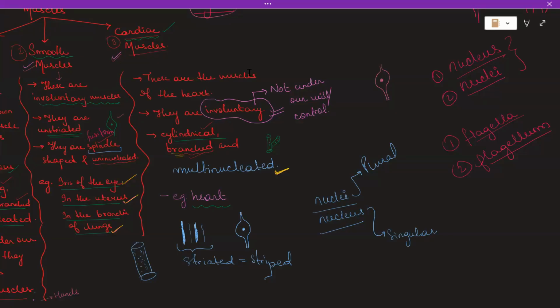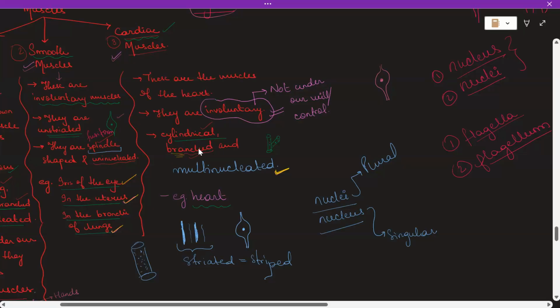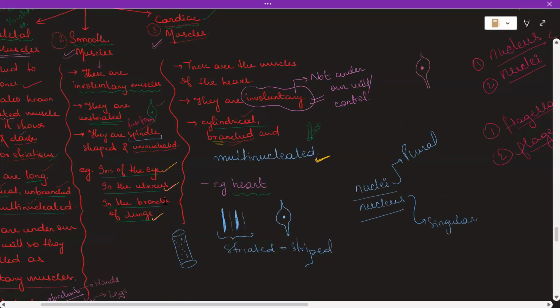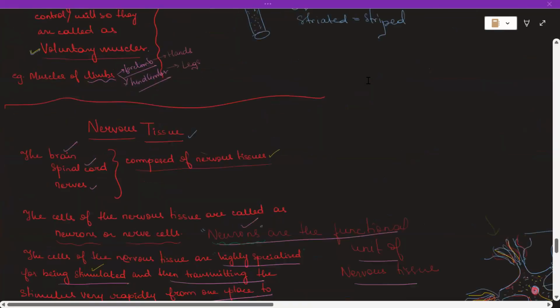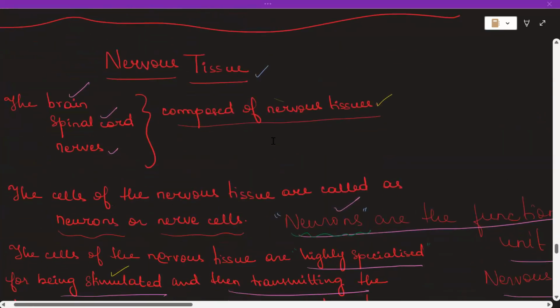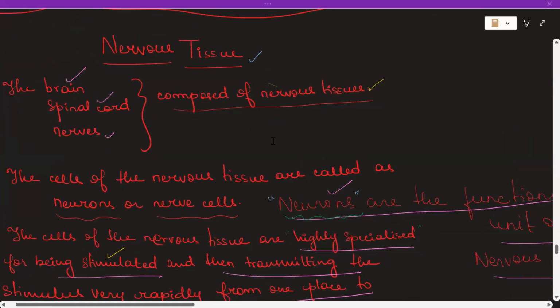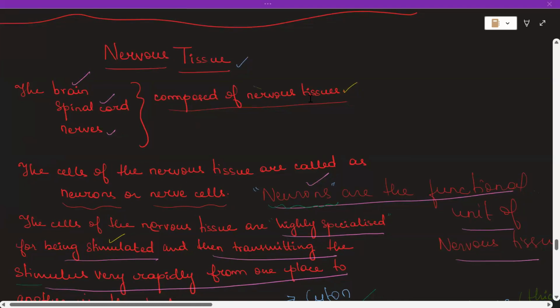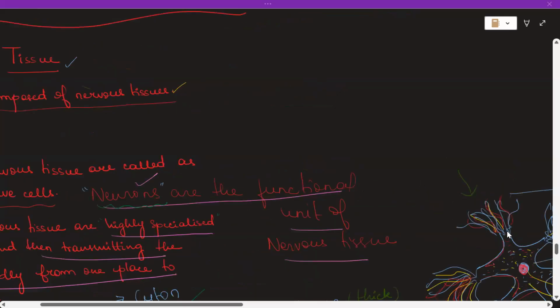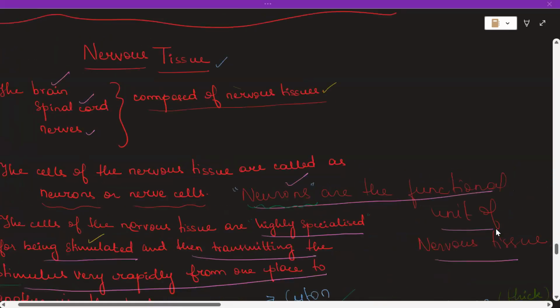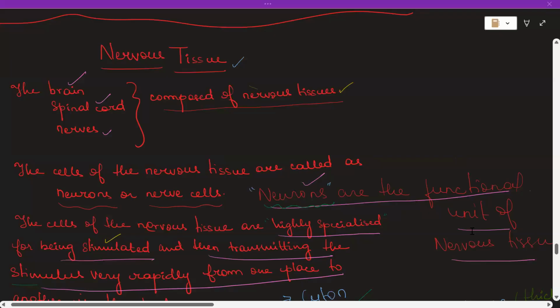Everyone's done till here? See, in this part, students, you write till the neurons are the functional unit of nervous tissue. Then you wait. Then you will draw the diagram.